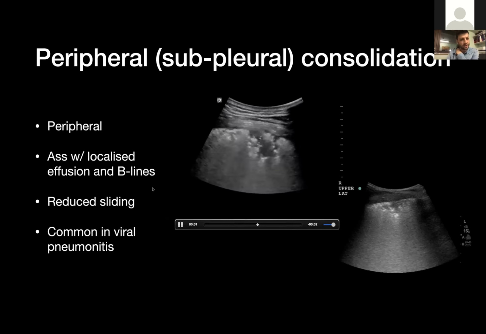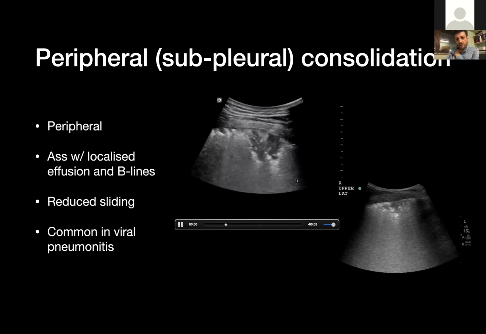Usually you'll get some B lines that start on the edge of that area of consolidation. You're also likely to get some inflammatory fluid around there. And like I say, if you've got some really sticky consolidation near the pleural line, you may get reduced lung sliding. So this shows reduced lung sliding, but you can see it is still sliding. And this is common in all viral pneumonitis.